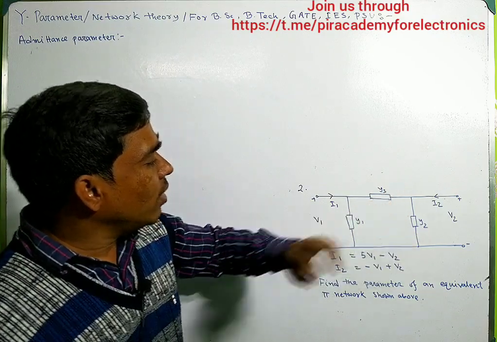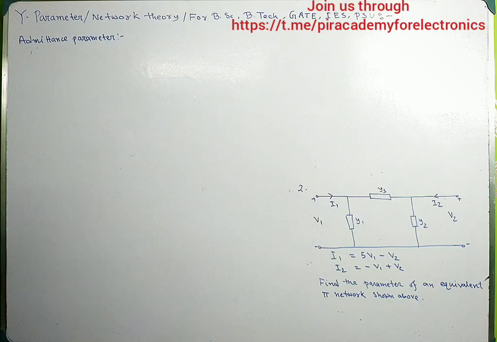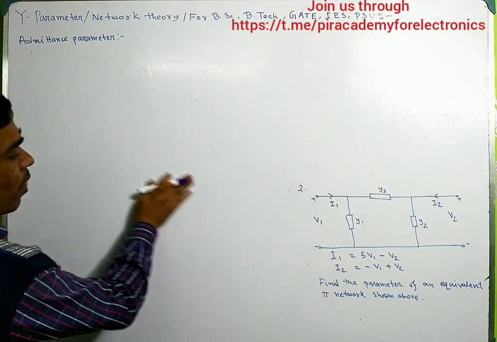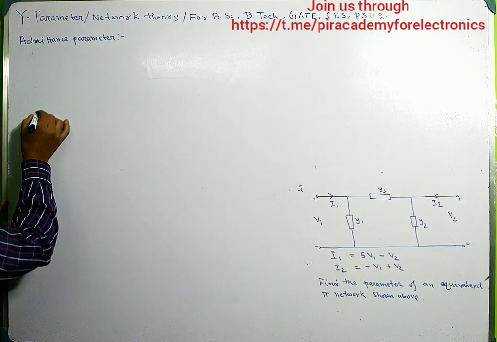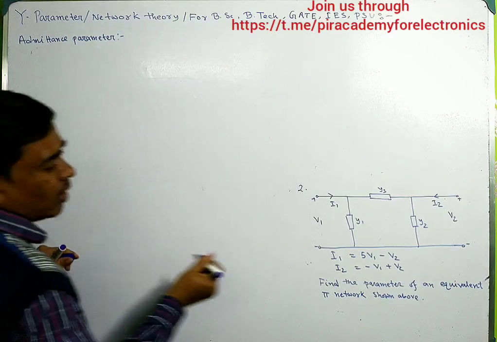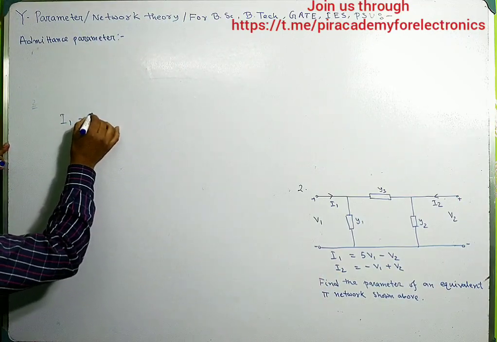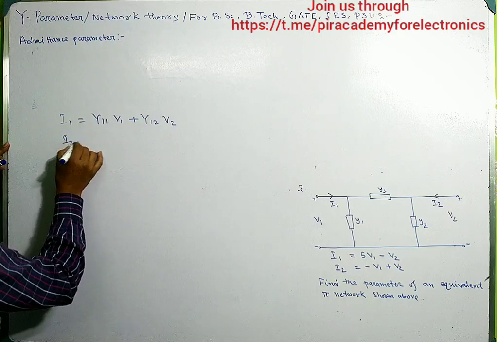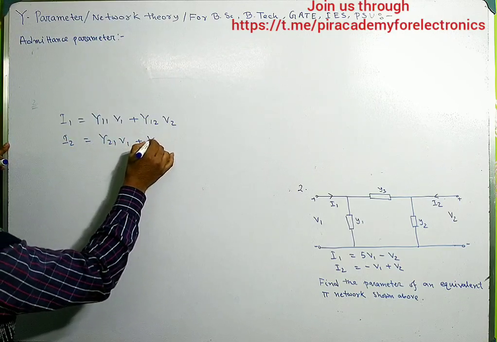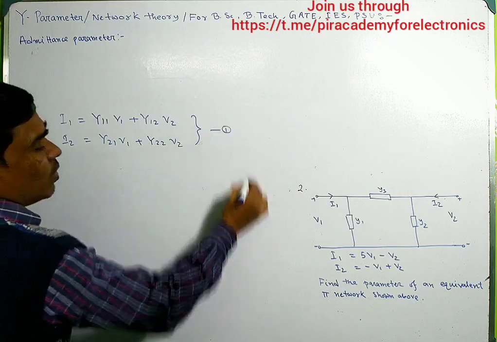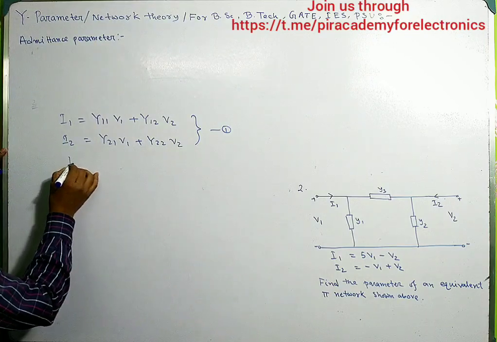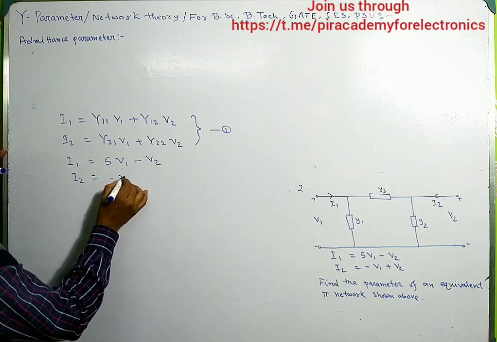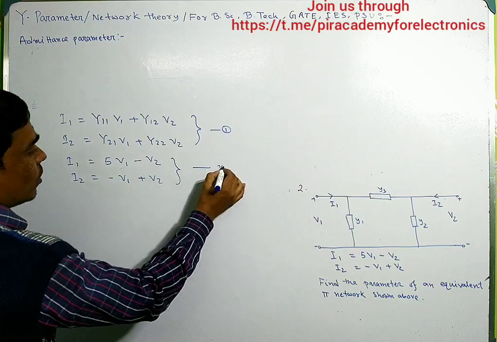So from this we can write the equations for y parameter: I1 is given by y11 V1 plus y12 V2, and I2 is given by y21 V1 plus y22 V2. This is the pair of equations using y parameter, and here I1 is 5 V1 minus V2, and I2 is given by minus V1 plus V2. So this is equation 2.